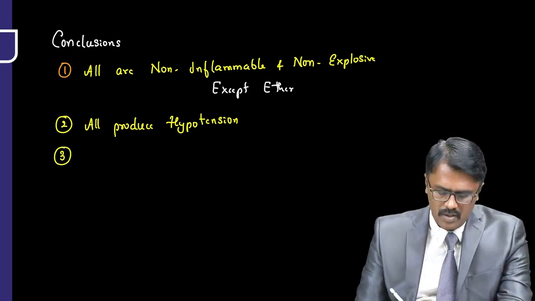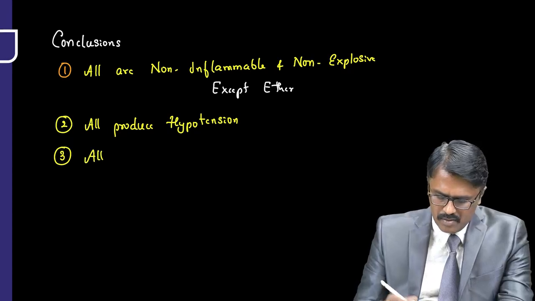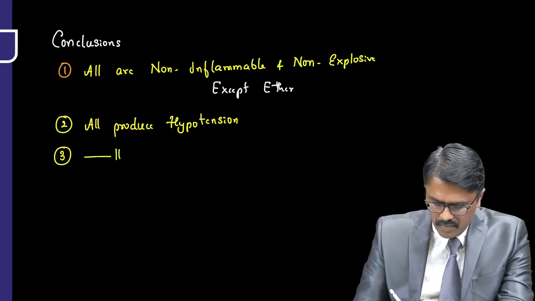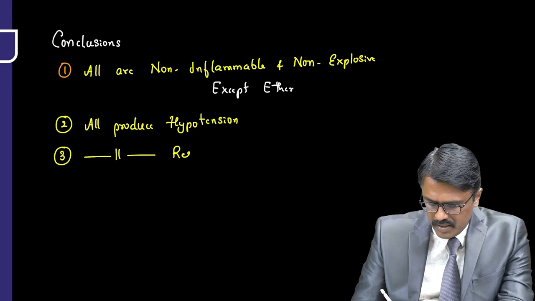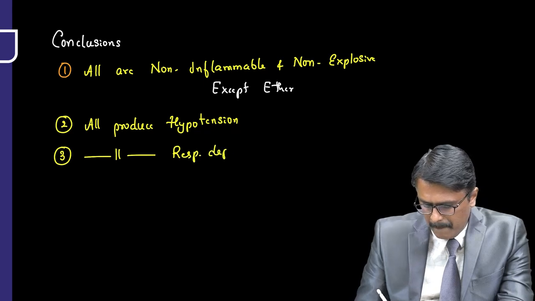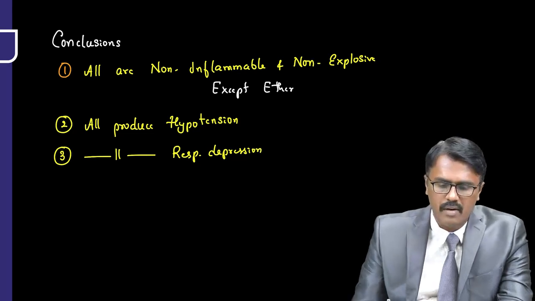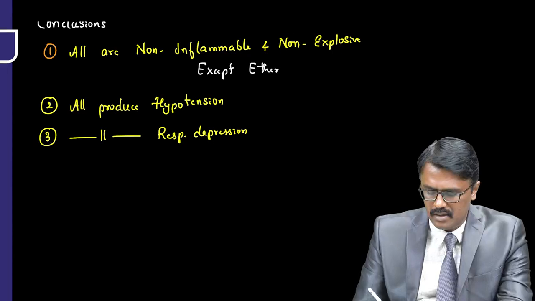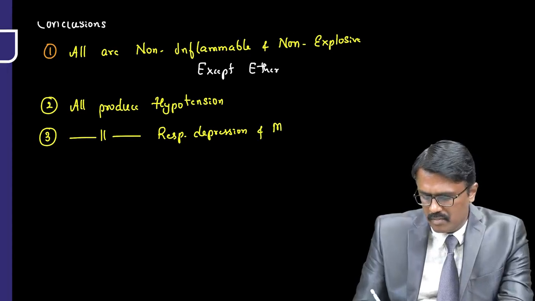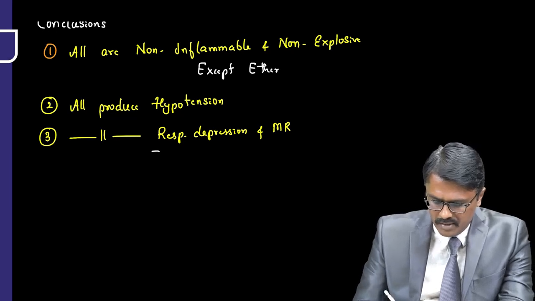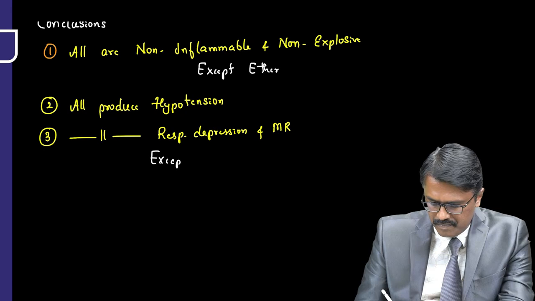Number three, all produce respiratory depression, and they also cause muscle relaxation. Now, what will not cause muscle relaxation, except nitrous oxide and halothane?